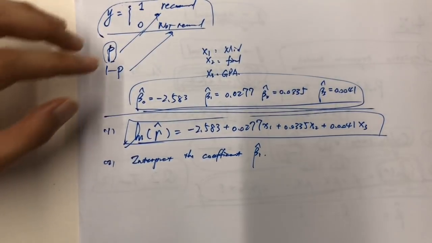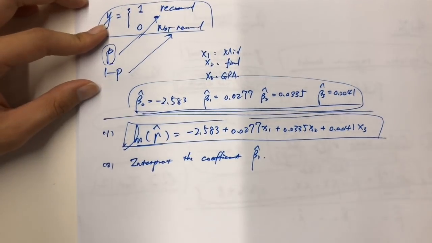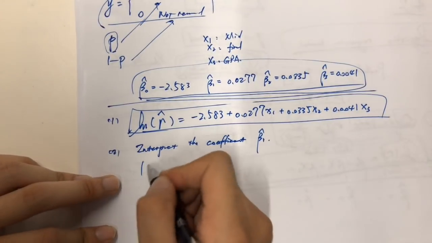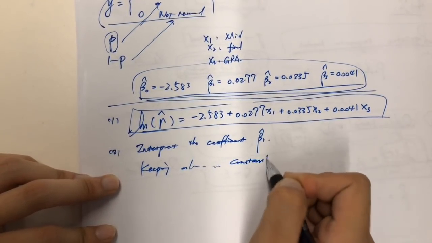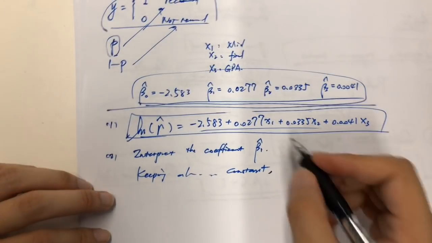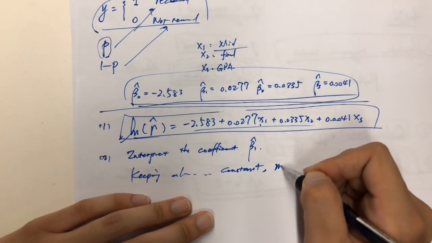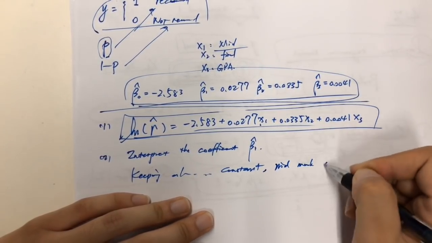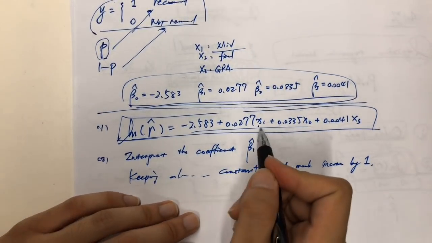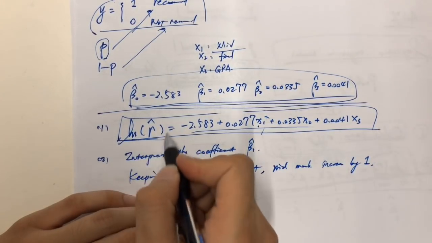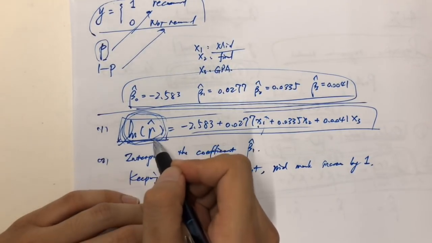Again, you need to say: keeping all other independent variables constant, when x1, the mid-semester mark, increases by 1 mark, it's really hard to explain how r hat will change.